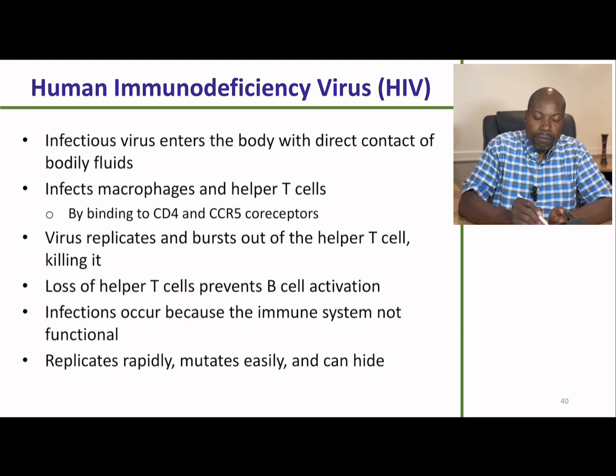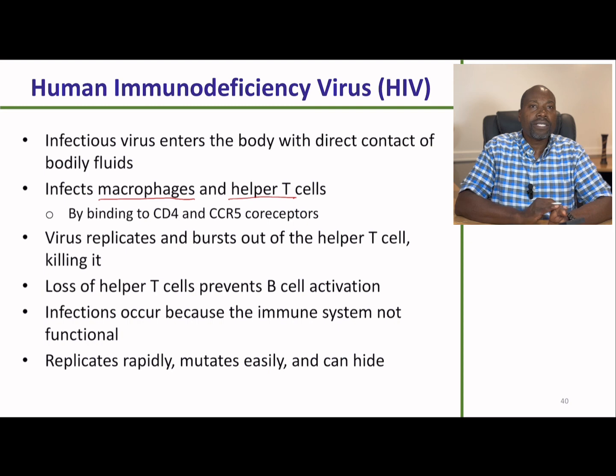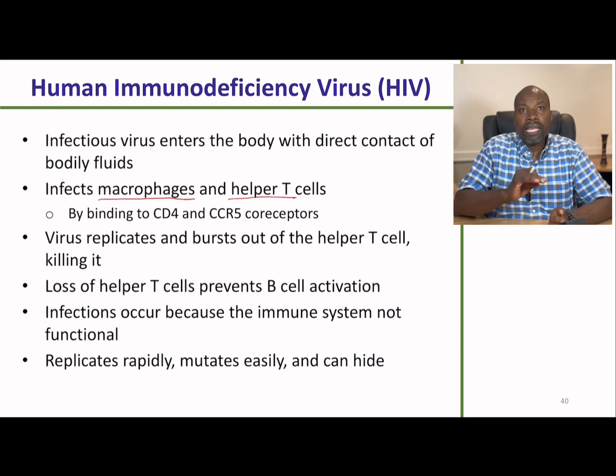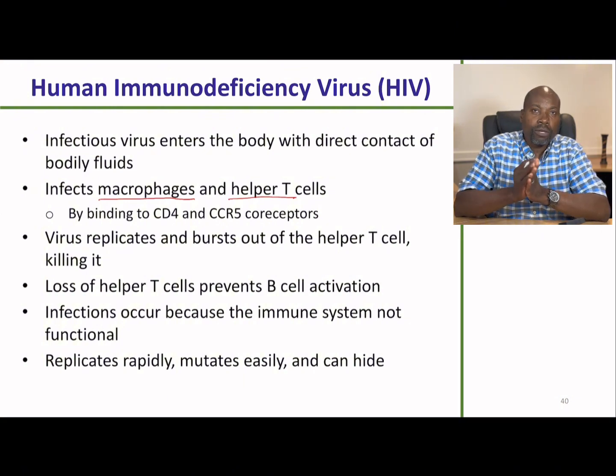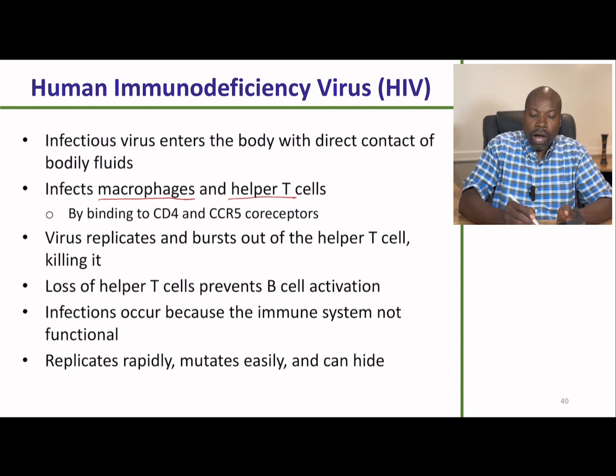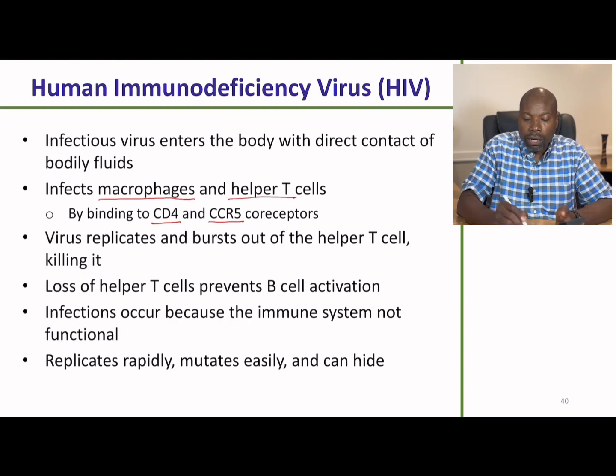So, HIV viruses are able to infect macrophages and helper T cells. How are they able to do so? By attaching to surface molecules on these cells. These surface molecules are CD4 and CCR5. Now, CCR5 is what we call a co-receptor.